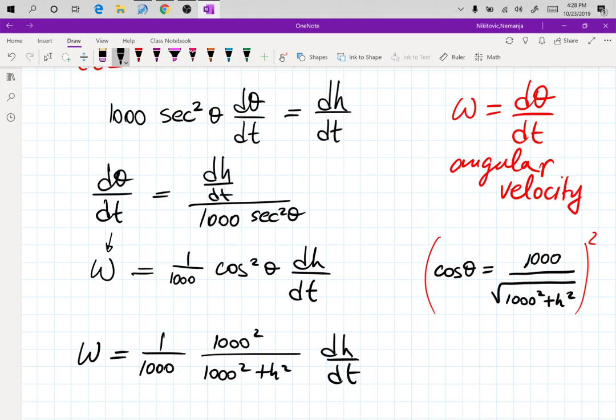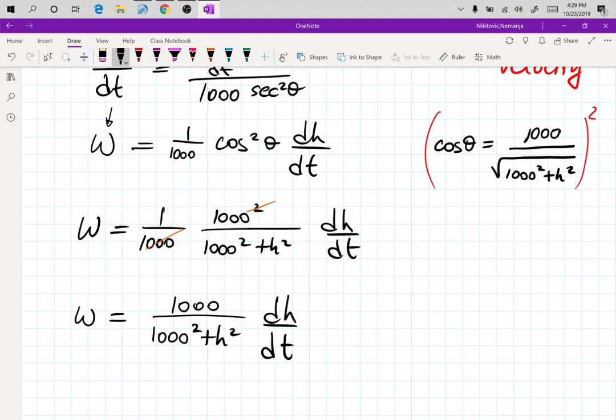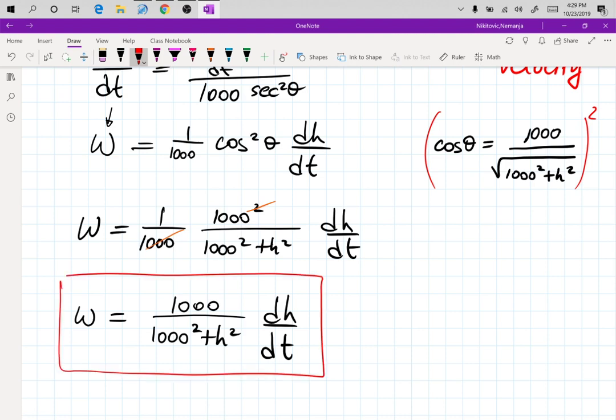One of these 1000 will cancel, and you have omega equal to 1000 over 1000 squared plus h squared, dh dt. This is what your job as an engineer is, to come up with this equation looking at the situation you have.